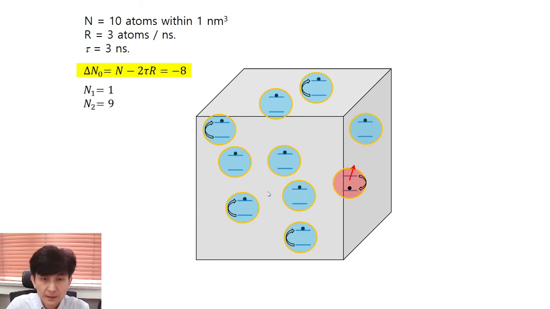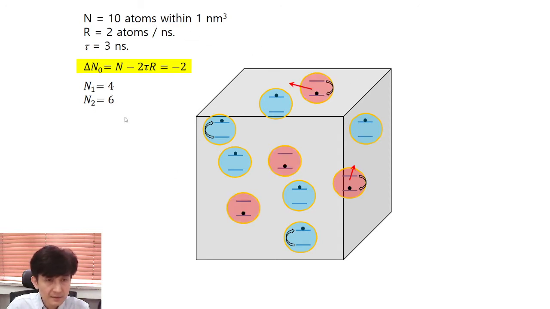So that's the realistic situation. We cannot increase the pumping rate to any number we want. That's not the case.